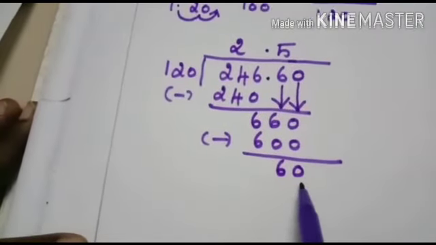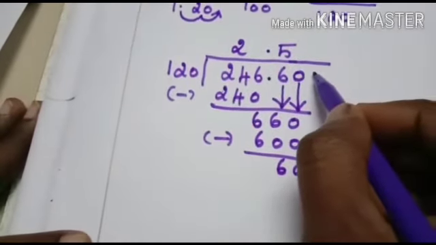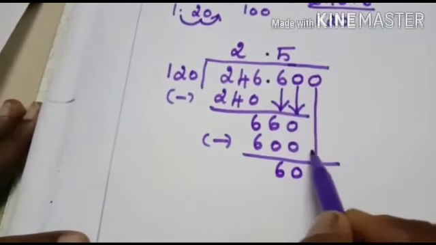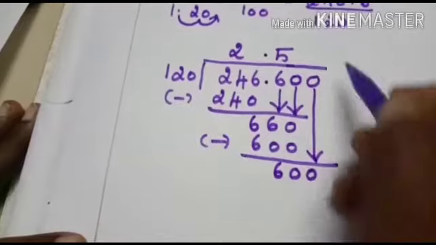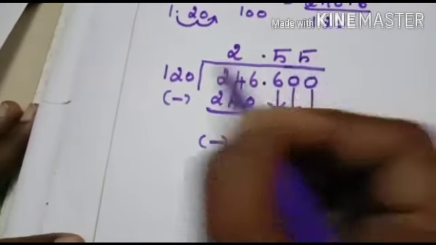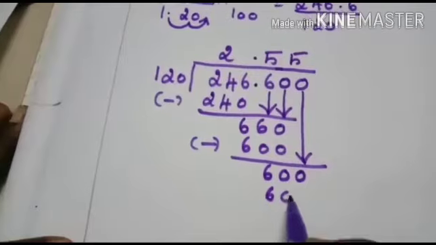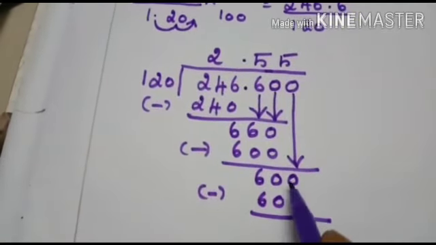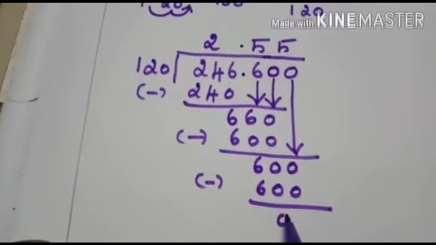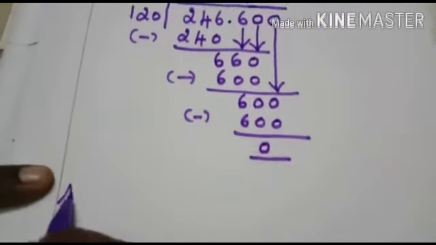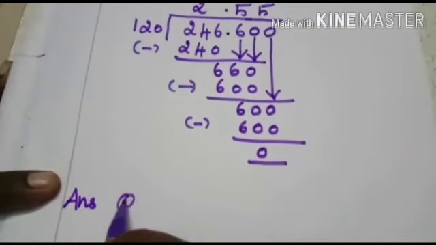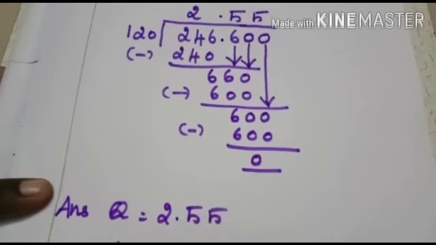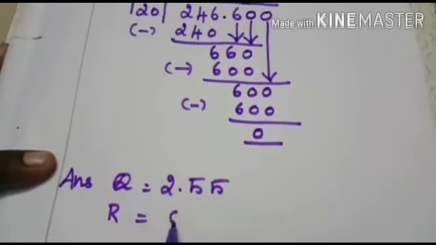Now the division is impossible, so we have to put 0 in the quotient and then drop down the 0 here. Now 5 times 120 is equal to 600. Then we have to subtract. So 600 minus 600 is equal to 0. The answer: quotient is equal to 2.55. The remainder is equal to 0.